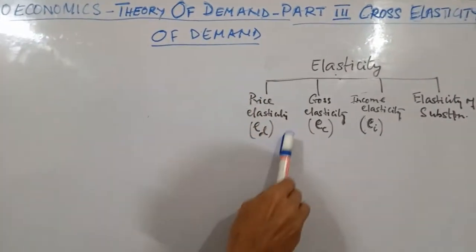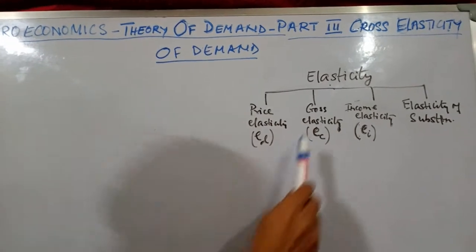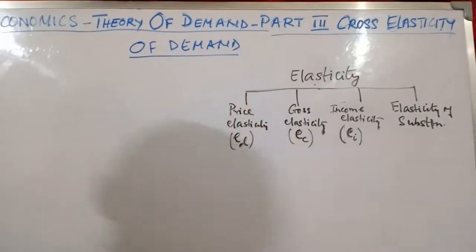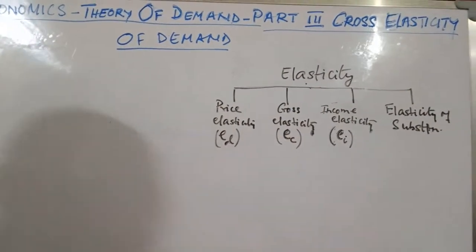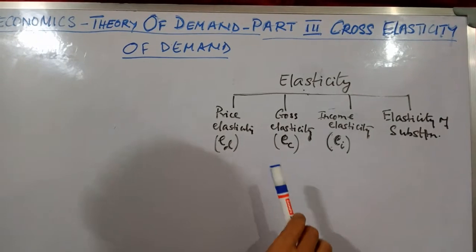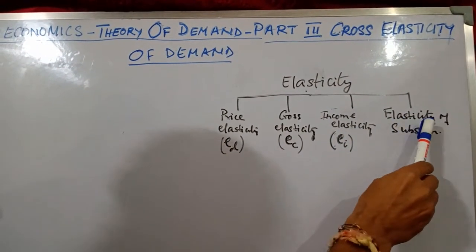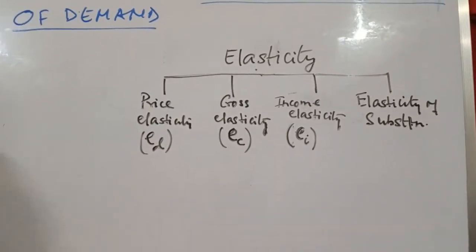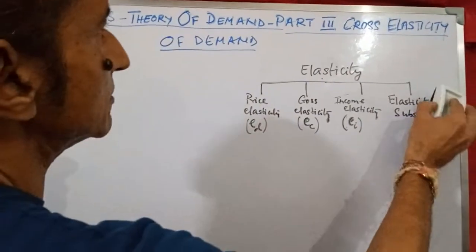This part we have completed in part 2 of theory of demand, and in this episode, that is part 3, we shall discuss cross elasticity of demand, and in another video we shall discuss income elasticity and elasticity of substitution. So this video is confined to discussion of cross elasticity of demand.